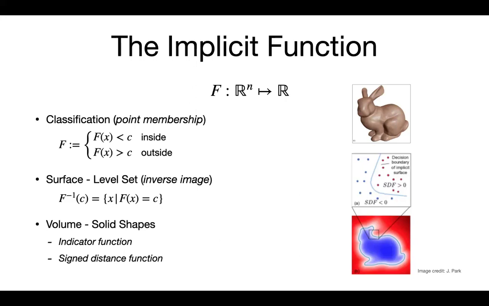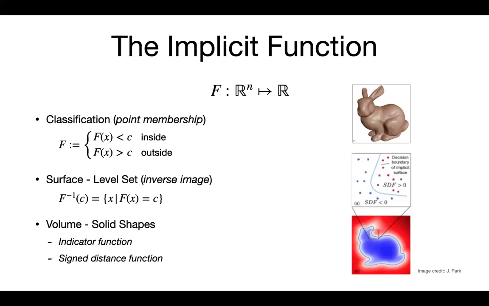And by construction, we are dealing with shapes that are regions of the space. So shapes that divide the space in two parts, the inside and outside part. And this point membership classification function is going to tell us which points are inside the shape and which points are outside the shape.